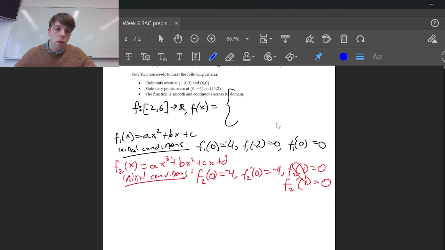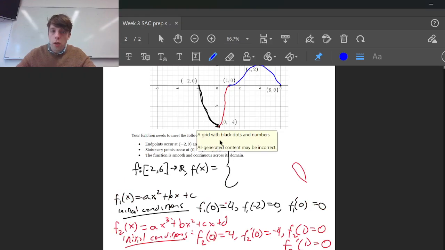Finally, for the third curve, f3, maybe we can start by listing out the initial conditions. It might help you think about this type of question. Again, we count up how many initial conditions we have, and then we can use that to work out what type of polynomial we need to construct. This curve needs to be smooth and continuous at (1, 0).